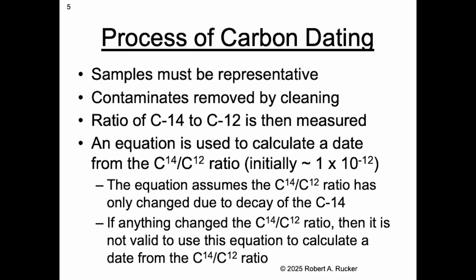Now, in carbon dating, I think we've covered this to some extent already. The samples must be representative, and the contaminants must be removed by cleaning. In my assumptions, I am assuming what I believe to be true: that the equipment at the laboratories correctly measured the carbon-14 to carbon-12 in the samples that they were given.